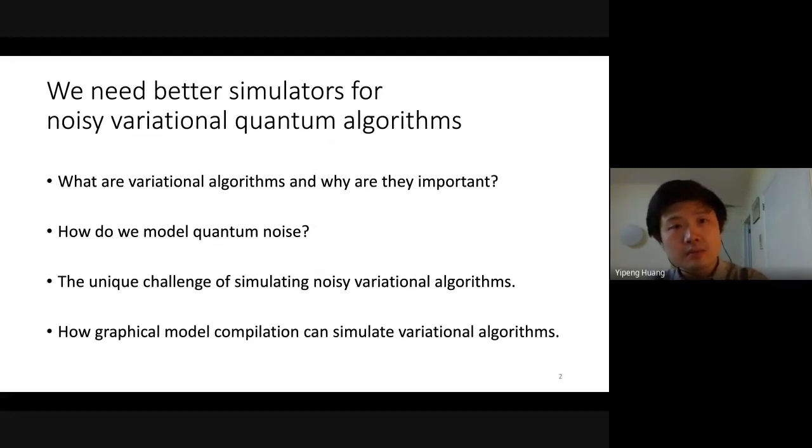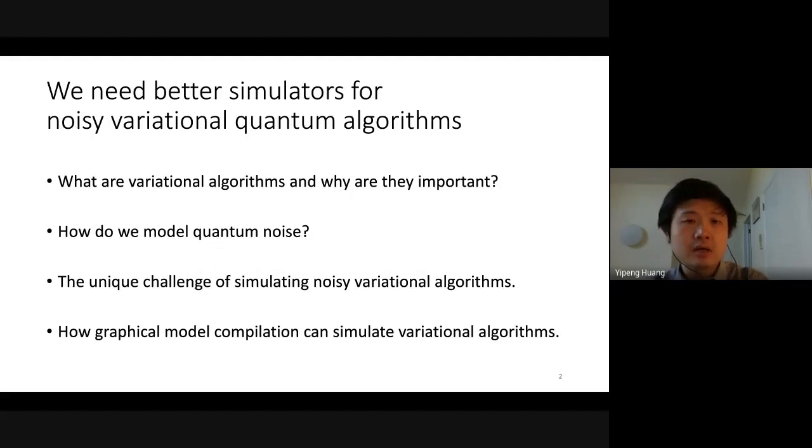So here's an outline for the presentation today. The basic idea that I'm driving to today is that we need to build better simulators. And these simulators are going to be useful for us to understand noisy variational algorithms. And so to understand this thesis statement, I'm going to talk about why it's important that we study variational algorithms.